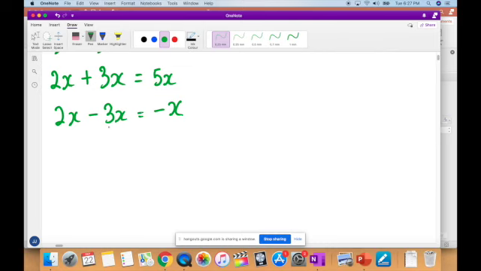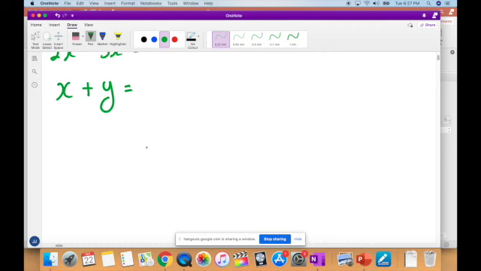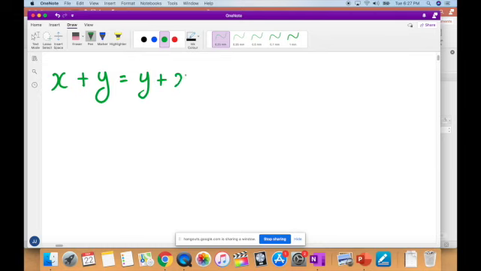Alright. So what if I have x plus y? What will I get here? Can't do anything with it. But I could say x plus y is the same as y plus x. Would you agree with that? And why is this the same?